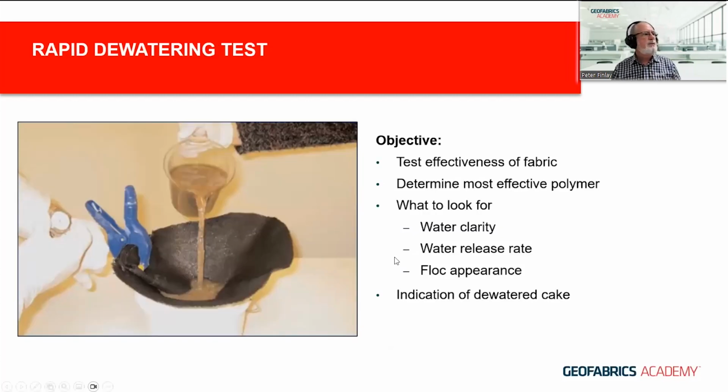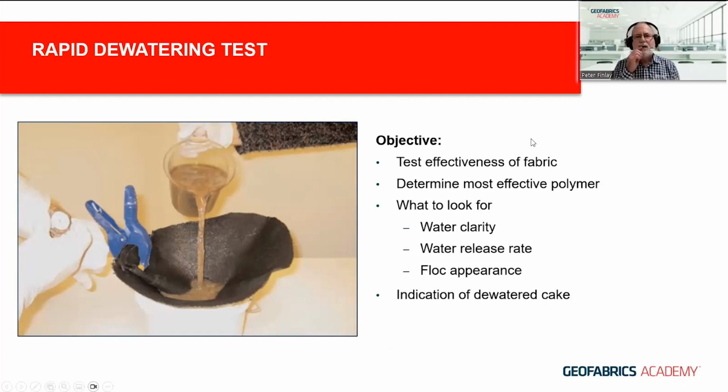So this is what we refer to as the rapid dewatering test, the RDT. So using a piece of the actual geotube fabric with the treated sludge and pouring that through the fabric.